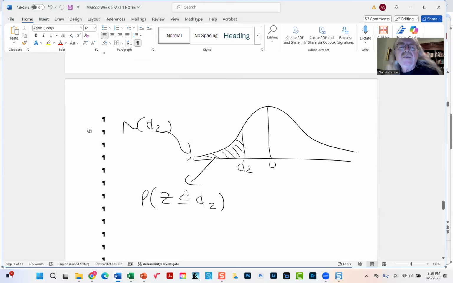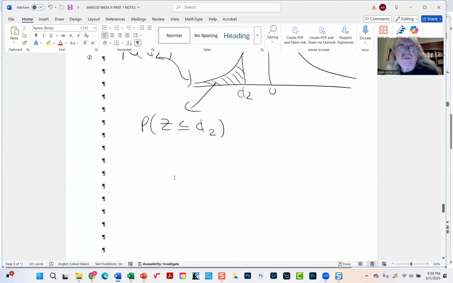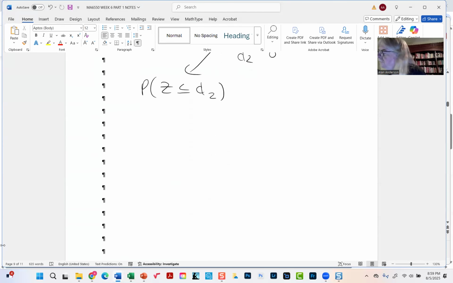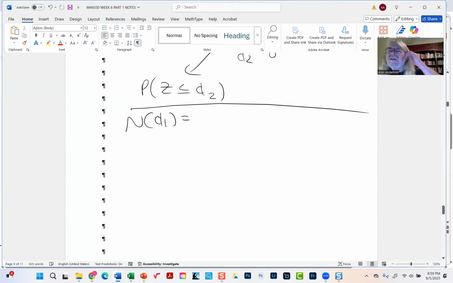Now, N(D1) and N(D2) actually do have economic interpretations. So N(D1), think of it this way, is the partial derivative of the call price with respect to the stock's price. Remember the symbol for partial derivatives.